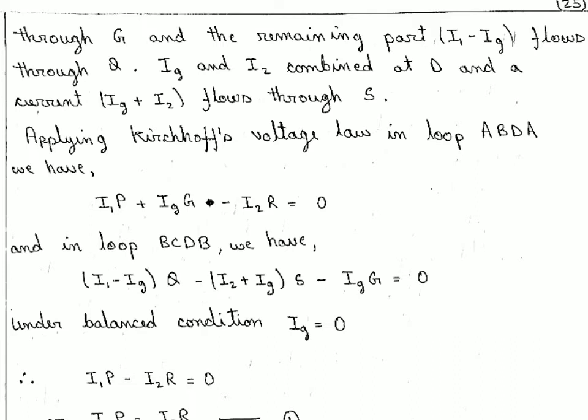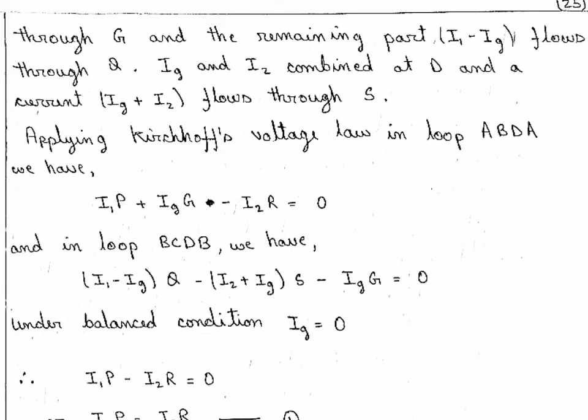Similarly, I2 plus Ig also, since the loop is from C to D, which is in the opposite direction of I2 plus Ig, hence this I2 plus Ig is also taken negative. Hence we have (I1 minus Ig) Q minus (I2 plus Ig) S minus IgG is equal to 0. Again here also, since there is no battery, the EMF is 0.